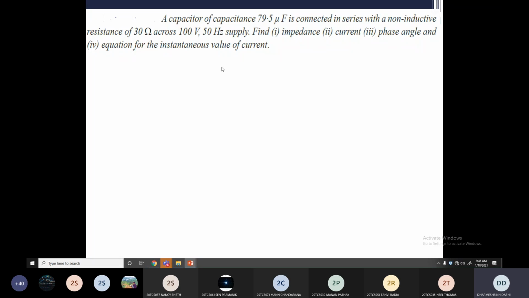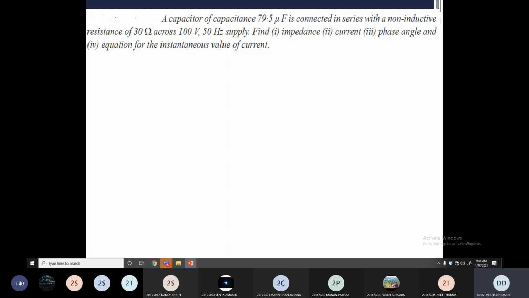Find out 4 parameters. Okay, let's try, all of you.